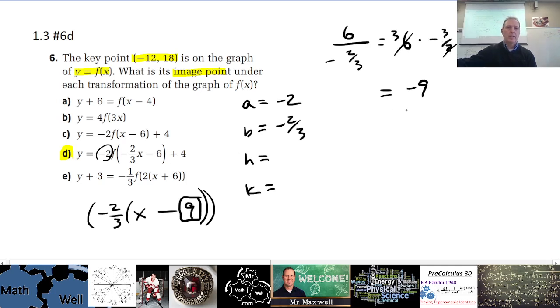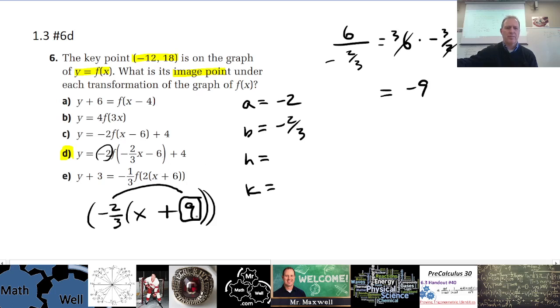Negative 9. So I got to be careful here. Negative 9, so this is going to turn into a plus here. To check, negative 2/3 times 9 is going to be negative 2 times 3, which is going to be negative 6.